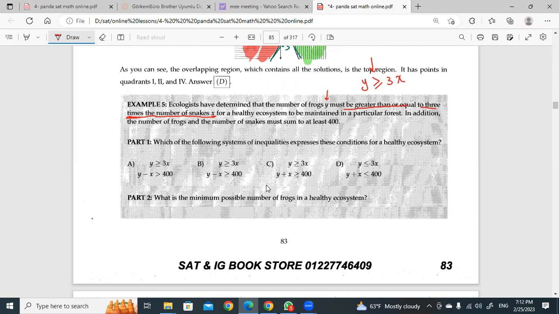For a healthy ecosystem to be maintained in a particular forest. In addition, the number of frogs, wait a moment. What is the number of frogs related to?